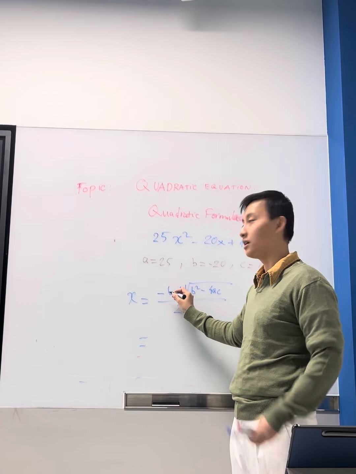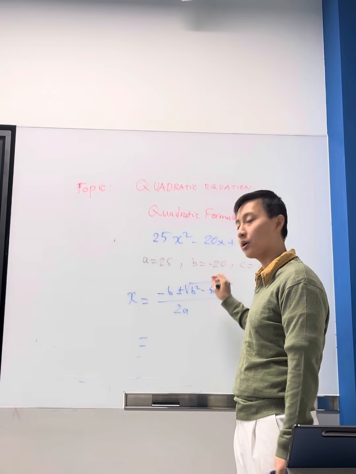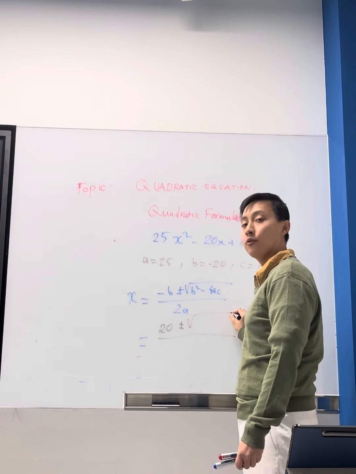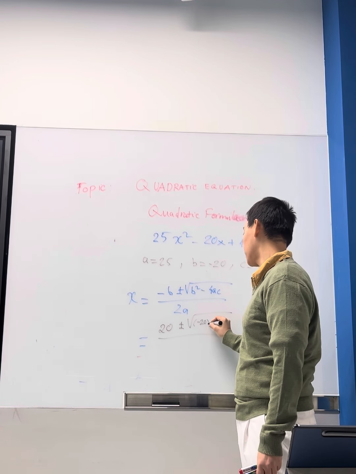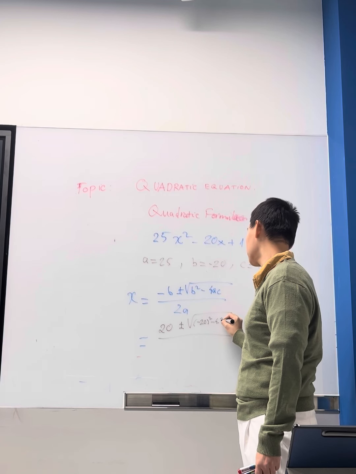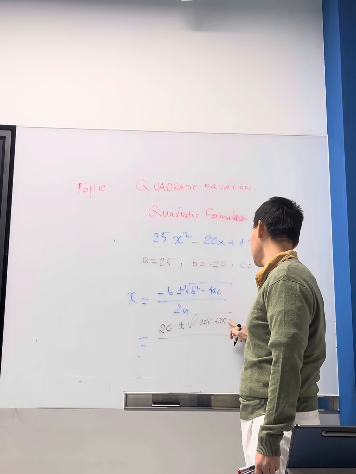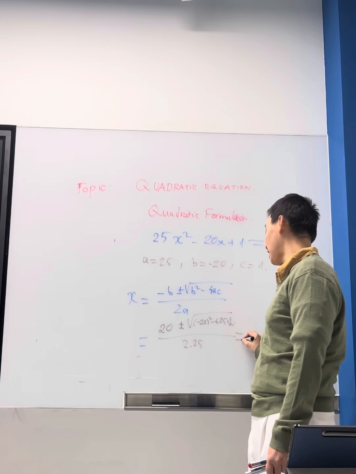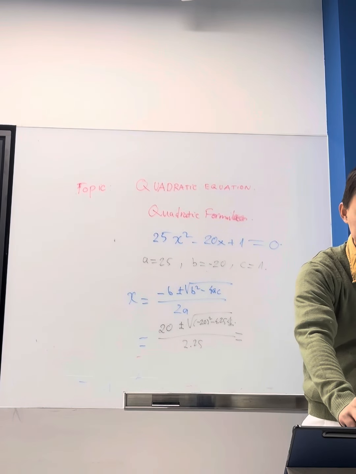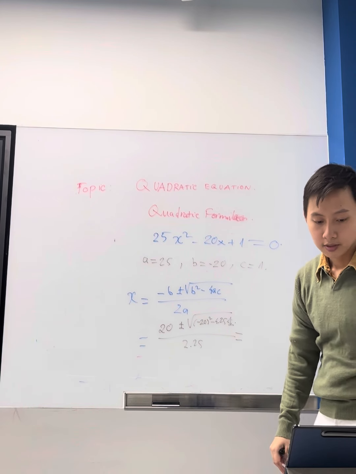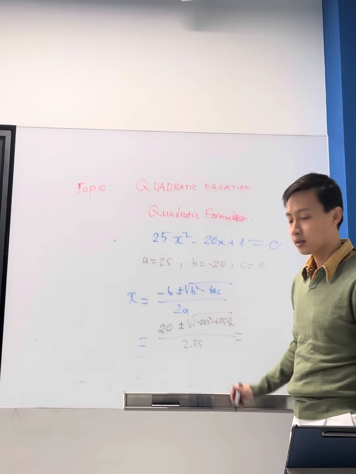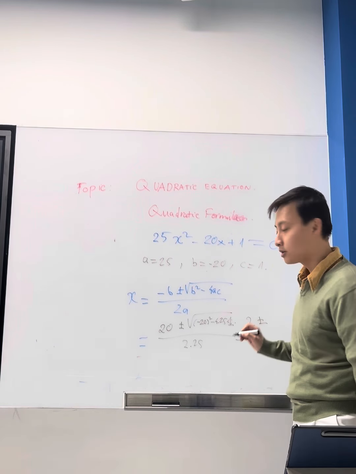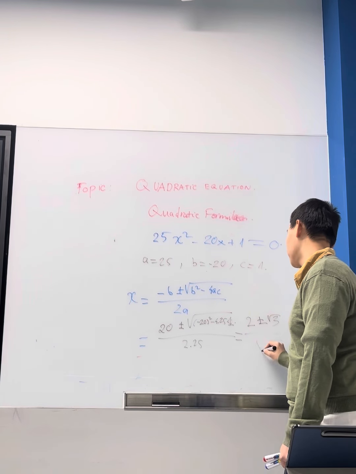Negative b, the negative of minus 20, is going to be 20, plus or minus the square root of negative 20 squared minus 4 times 25 times 1, over 2 times 25. After simplifying, we have x equal to 2 plus or minus the square root of 3, over 5.